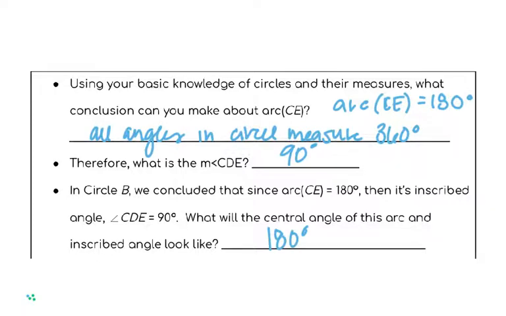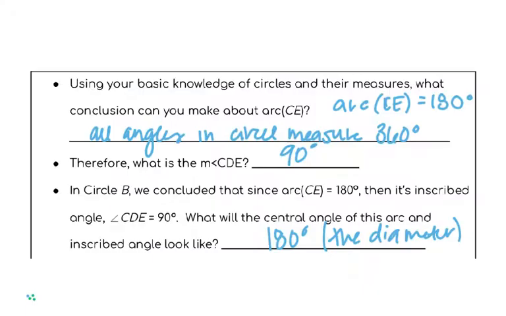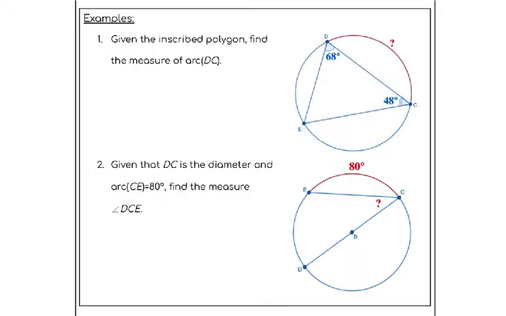And it's also the diameter. That's the other important part: whenever your intercepted arc is 180 degrees, its central angle will always be the diameter. Okay? So let's move on.